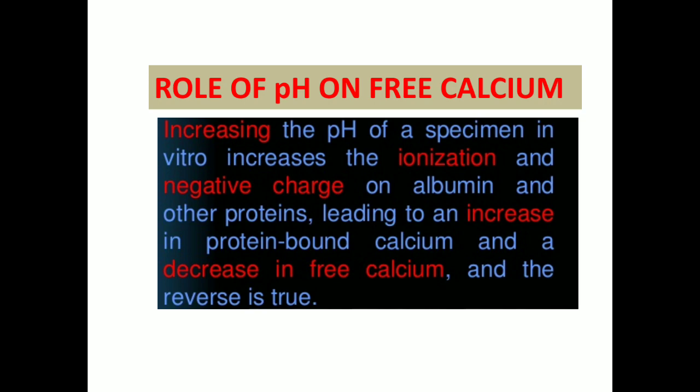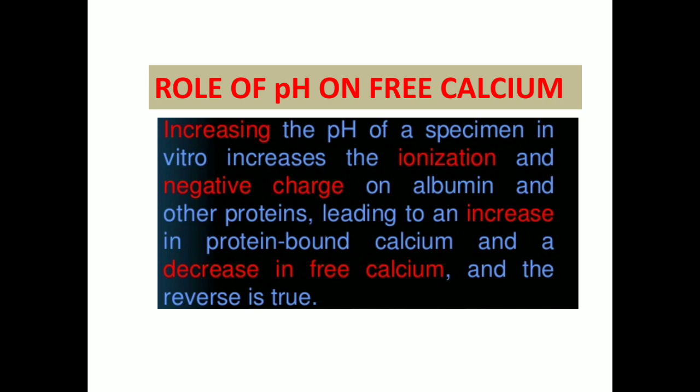And the reverse is also true. If your pH becomes acidic, if your pH goes below 7, 6, 5, 4, 3, more and more acidic, then more and more H plus is present in the solution, and more and more H plus will go and bind to the protein, that is albumin. So the negatively charged sites will bind with H plus, so they will no longer be able to bind with calcium.